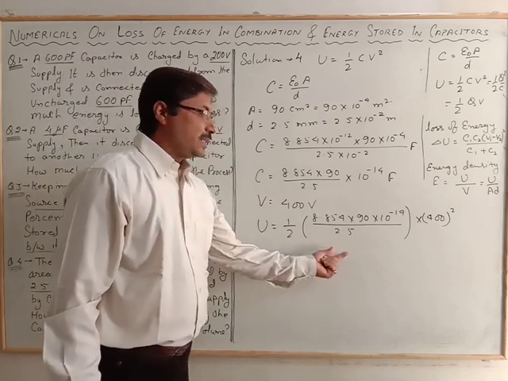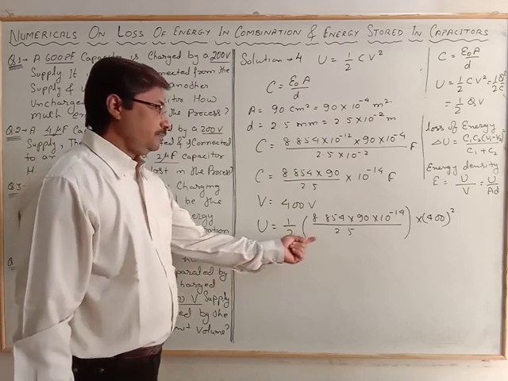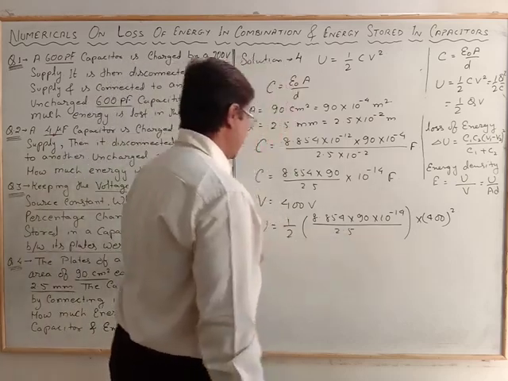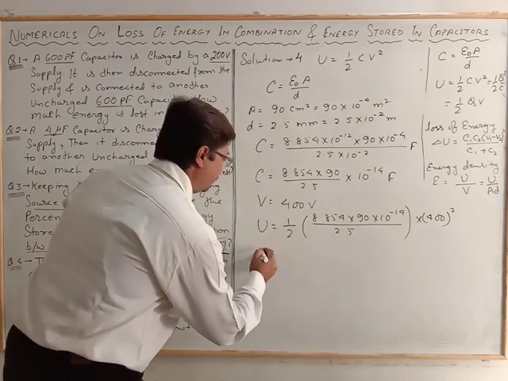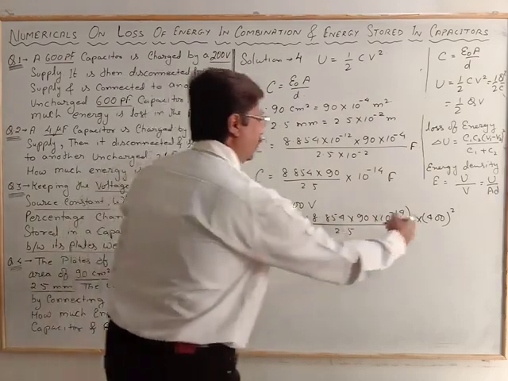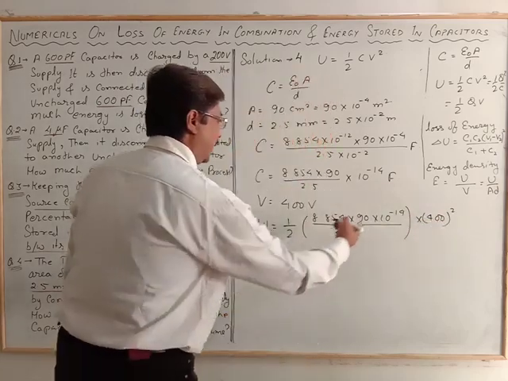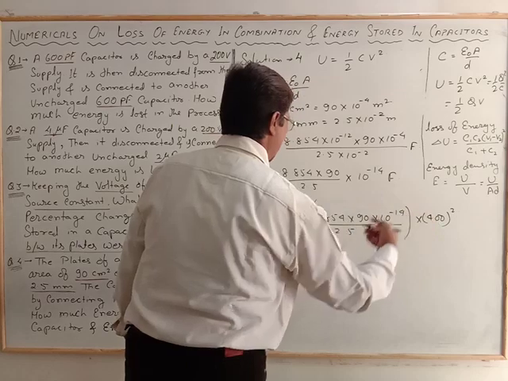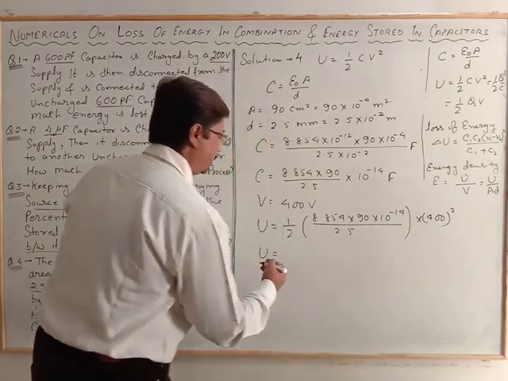Now calculate this relation. In that case, we find the energy. So that much is U is equal to, 400 squared is 16 into 10 to the power 4, and here it is 10 to the power minus 14. So that becomes 10 to the power minus 10, and you make the calculation here.